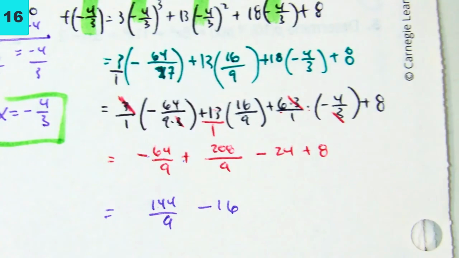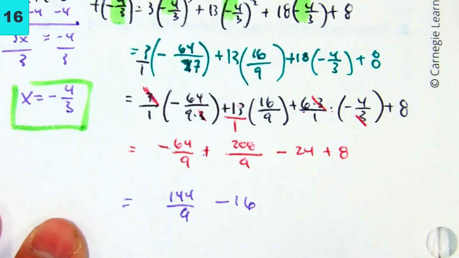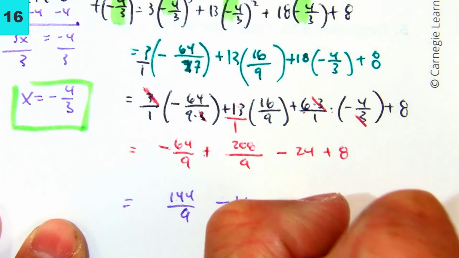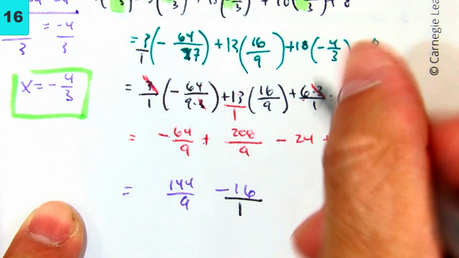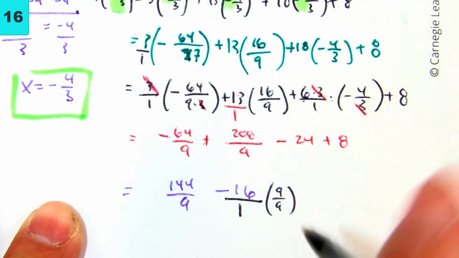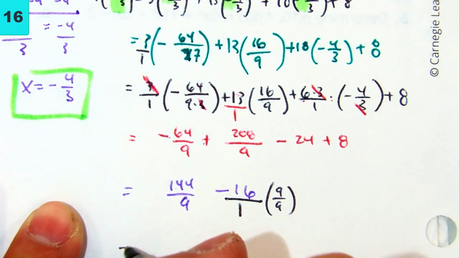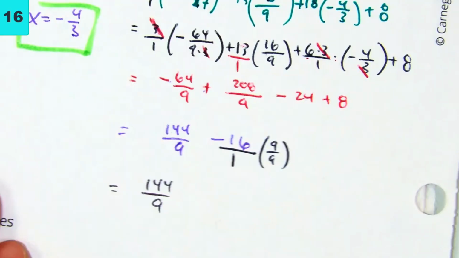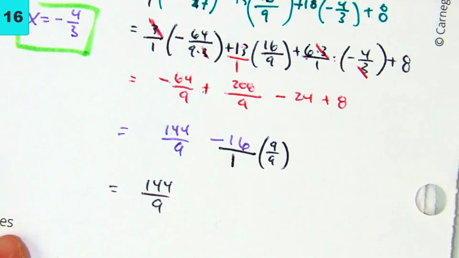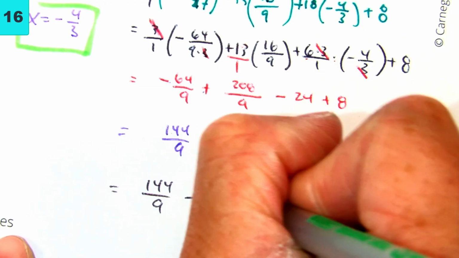How do I get a nice fraction? I'm just going to put this one over 1. I'm going to multiply by 9 over 9. The reason why I'm doing this is so I have a common denominator. So 144 over 9. And negative 16 times 9 gives us negative 144 over 9.